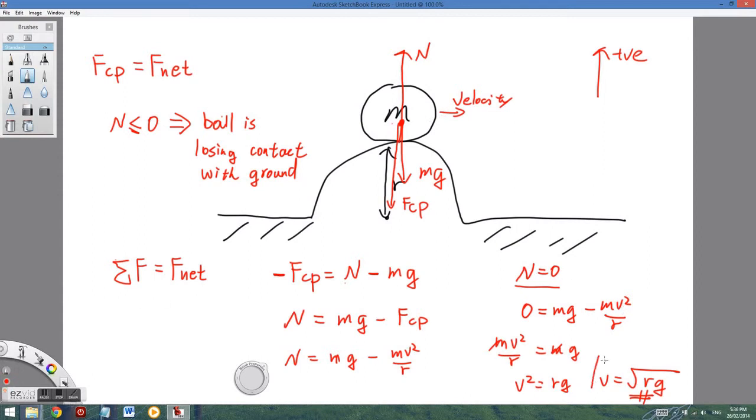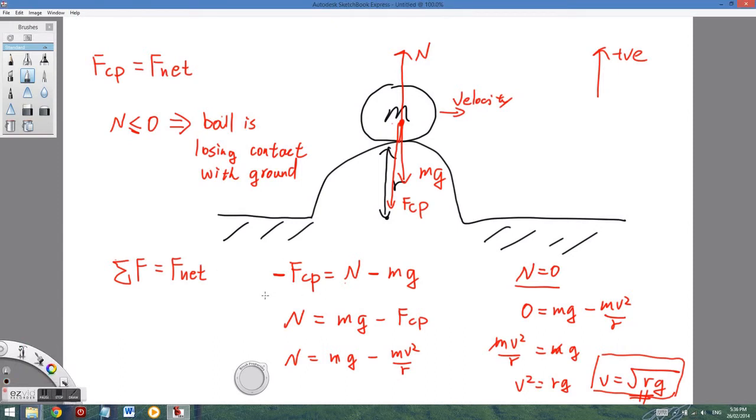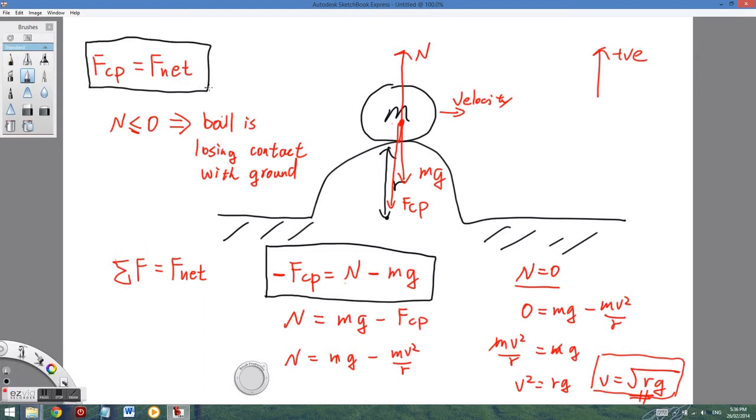Please copy down this formula in your book, and in VCE you are expected to do all this by yourself in the final year exam. What the examiner is looking for is that you need to be able to write down this equation. The key is to remember your centripetal force is basically your net force, and your net force is the sum of all forces.